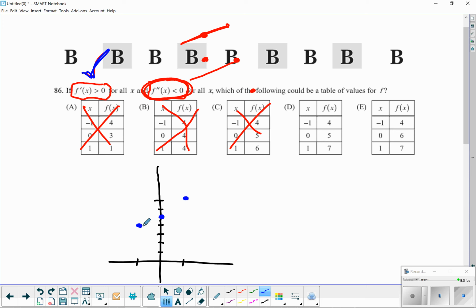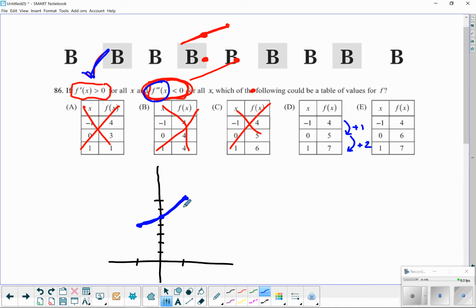Okay, but you can see that it goes from 4 to 5. It goes up by 1, right? And then from 5 to 7, it actually doesn't go up by 1, it goes up by 2. So it's actually a little bit steeper. And in this case, the rate of change of the rate of change, or the second derivative here, is actually increasing.